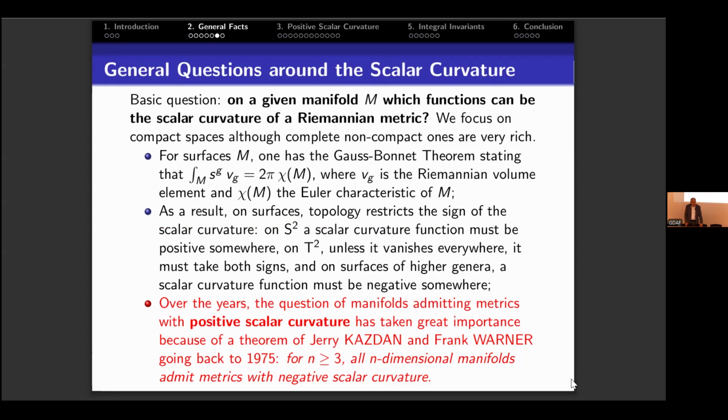So negative scalar curvature is not an issue for any compact manifold of dimension at least 3. We have seen for surfaces that's not the case. There can be a problem like on the sphere, well, anyway. So I want to move on, and not necessarily constant. Negative scalar curvature constant as well.